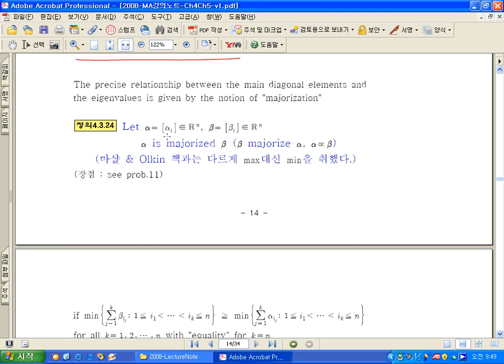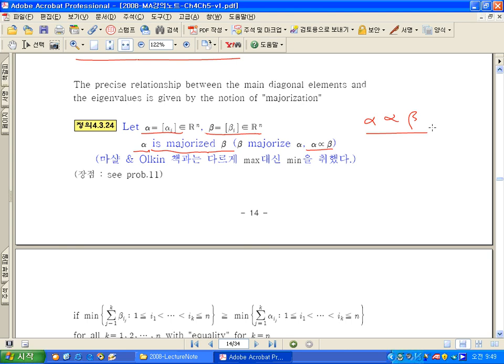Definition of the majorization. When we have two vectors in R^n, alpha and beta, we call a vector alpha majorized by beta, and we write it in this way.